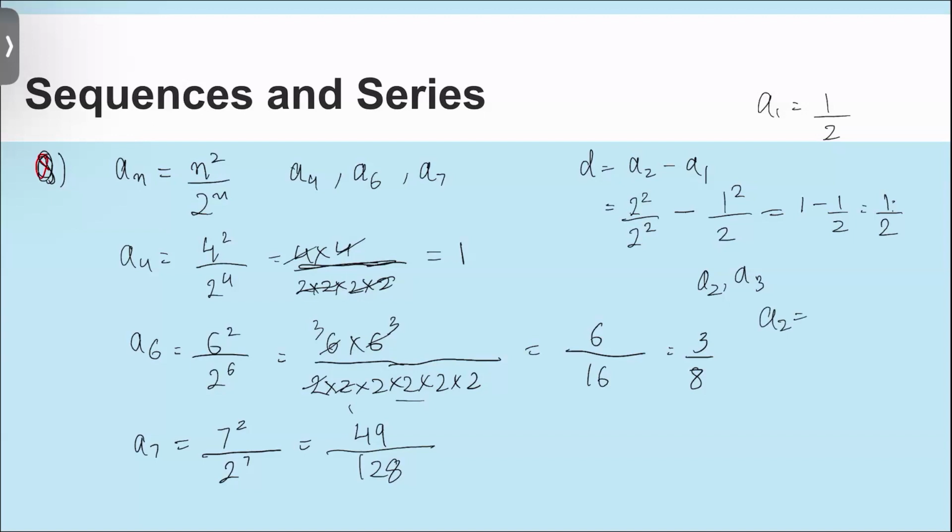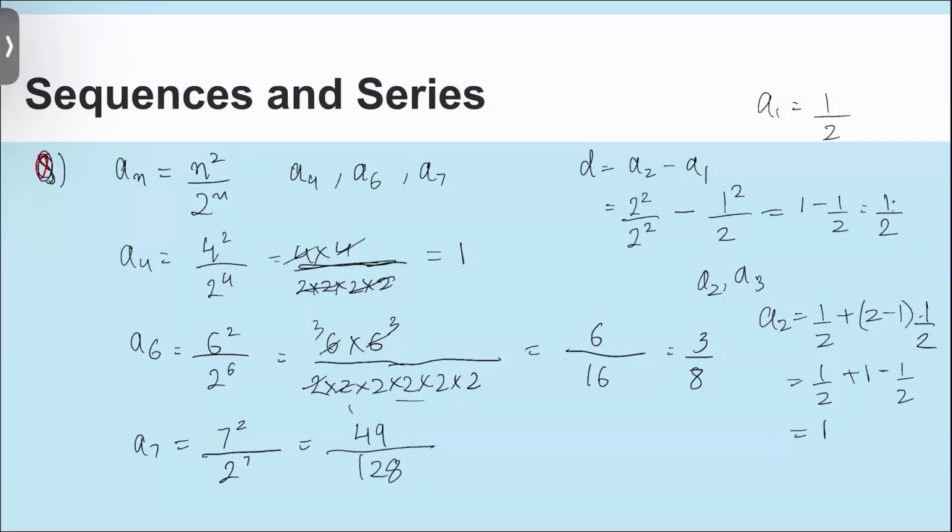You have a1 plus (n minus 1) d. Your d is 1 by 2. So this would be 1 by 2 plus (1 minus 1) times 1 by 2. So this is 1. Okay, so your a2 is actually 1.